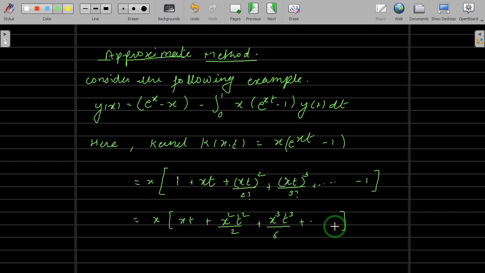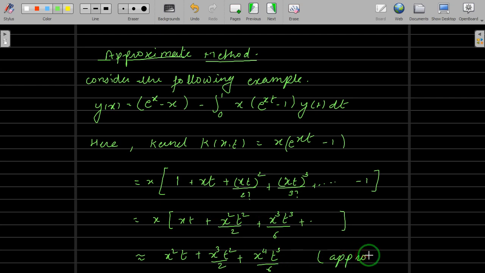So you approximately take only a few terms, only 3 terms. So it is x squared t plus x cubed t squared upon 2 plus, multiplying this x inside the bracket, x raised to 4 t cubed upon 6. That's all, you write this approximately.